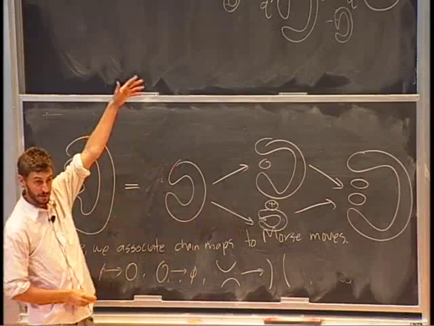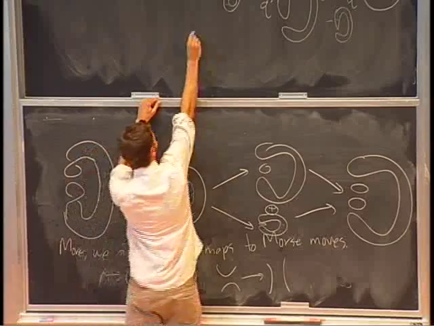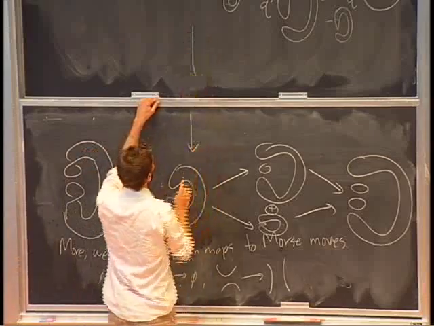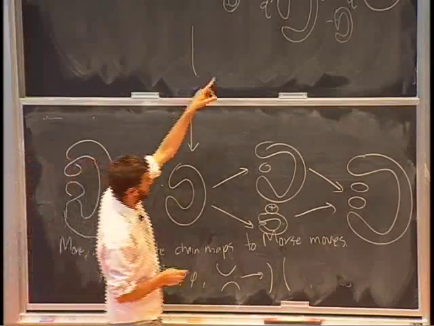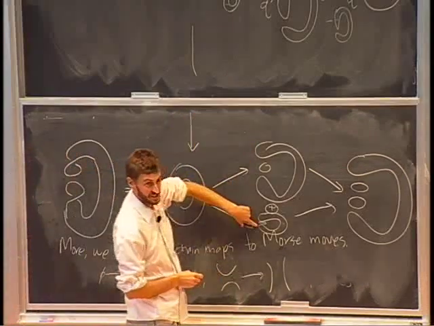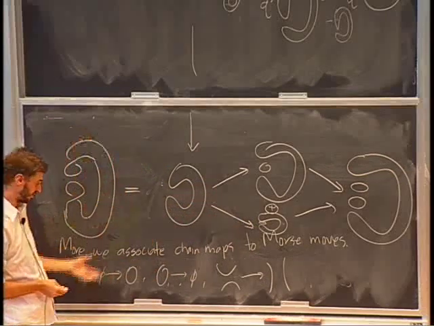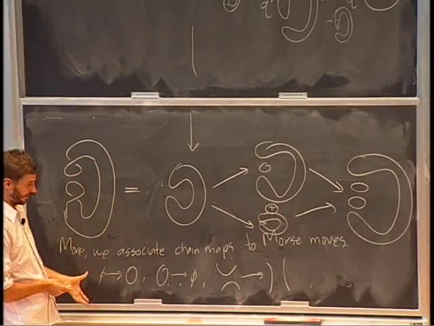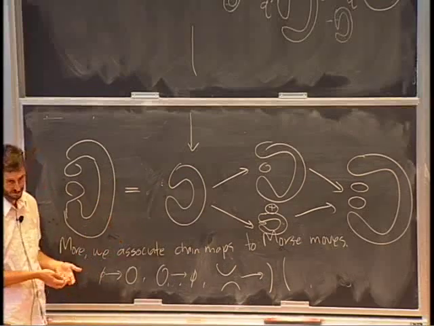And there's an obvious chain map from this complex to this complex. It's just the diagonal chain map. We map that object to this object by doing this same Morse move in the same place. We map each of these objects to each of these objects by doing the same Morse move in the same place, and so on. The chain maps associated to Morse moves on complexes are always just diagonal. They map each resolution to the corresponding resolution.